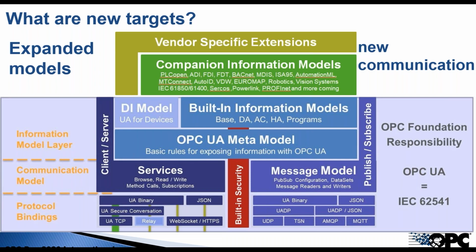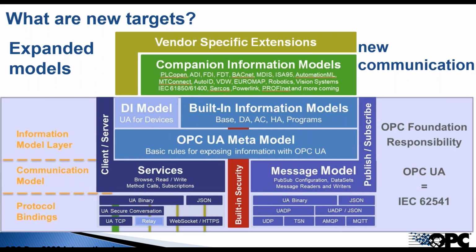We have already for 104 quite a few amendments and quite a few updates. And we're working on making sure the certification program handles that and deals with it. So we're going to see new models, new companion specs, new information models for companion specs. We're seeing new communications protocols such as PubSub, and we're working through building the infrastructure and providing all the capabilities we need to do that testing.